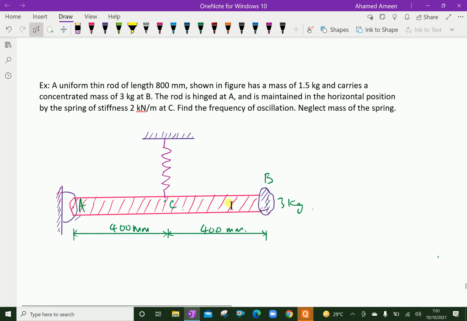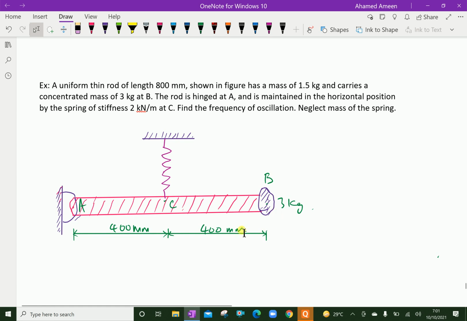Here the horizontal rod is pivoted at point A and the free end B is carrying 3 kg, and it is supported by a spring of stiffness 2 kilonewton per meter at point C. Now a disturbing force is given to make it oscillate like this.